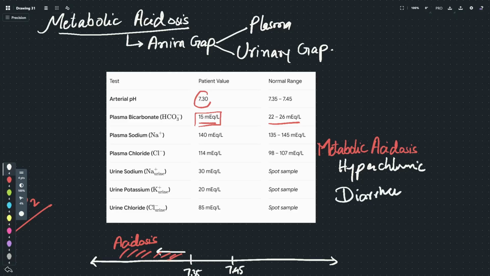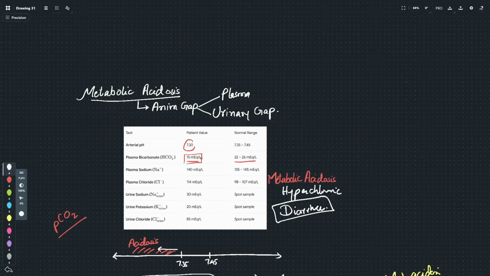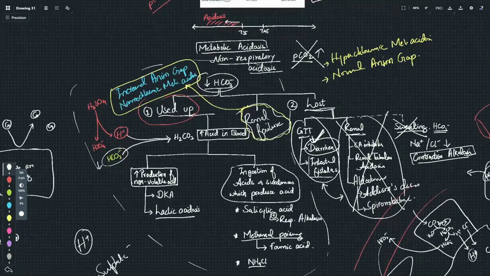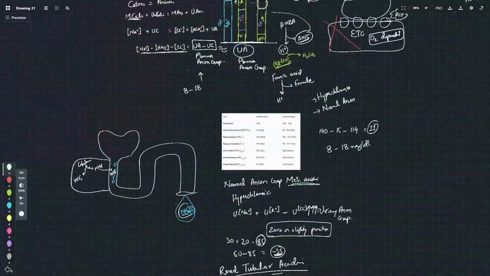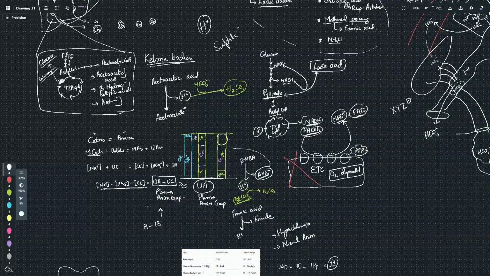It is GIT type. It is most likely diarrhea. It can actually be the other cause, the intestinal fistula, but here we will assume the common one, that is diarrhea. So just on the basis of these numbers, you have pinpointed the exact diagnosis. This is the power of clear concepts.